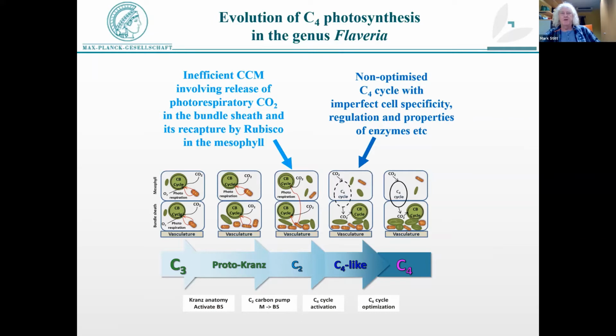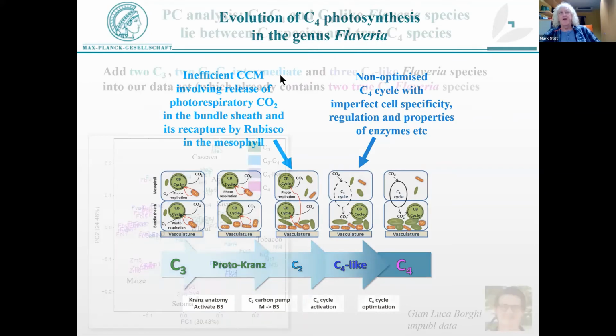This led to the CO2 being released in the middle of the leaf and having to diffuse back outside, and it was recaptured by rubisco more efficiently. And then a little bit further on in the progression, you get a non-optimized C4 cycle with imperfect cell specificity, regulation, and properties of enzymes. These almost living fossils maybe are still extant in some genera like Flaveria.